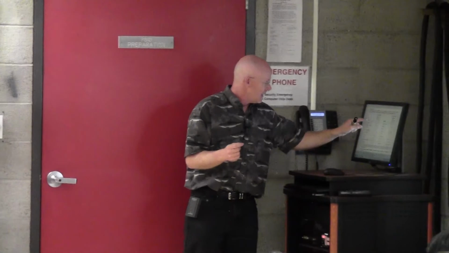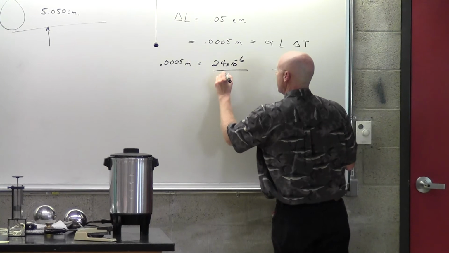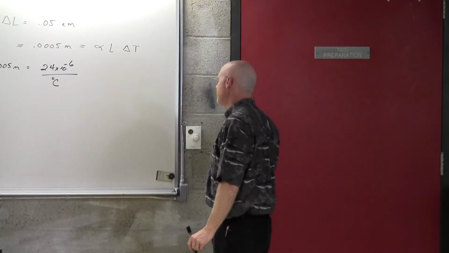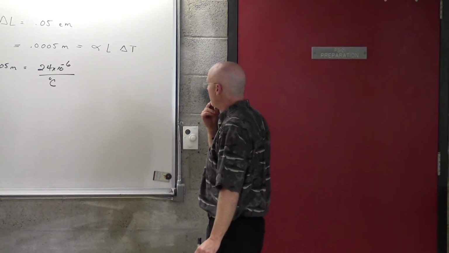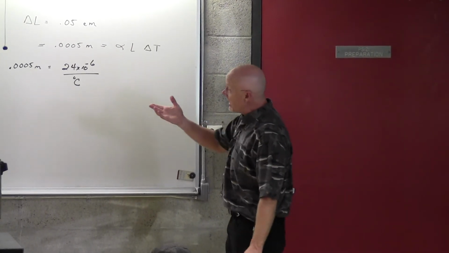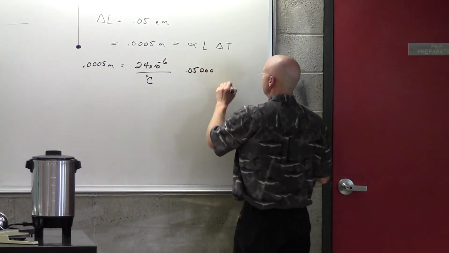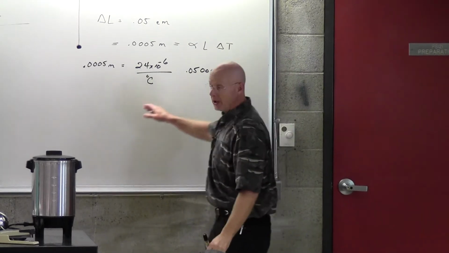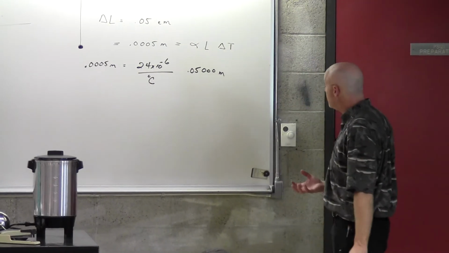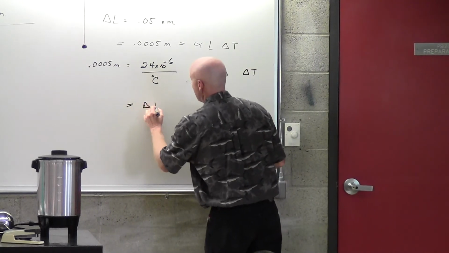I'm pretty sure these are inverse Celsius. That is my coefficient of linear expansion. My L is 0.05000 meters, and actually I didn't even really need to convert to meters, I see now. Then I'd get my delta T, and so there's the first half of the problem.